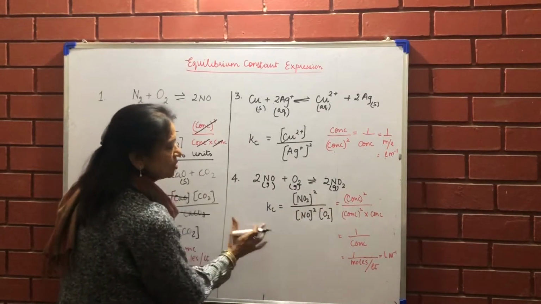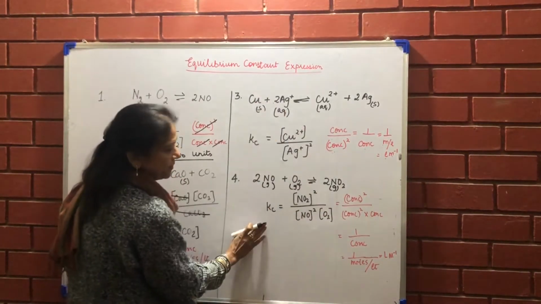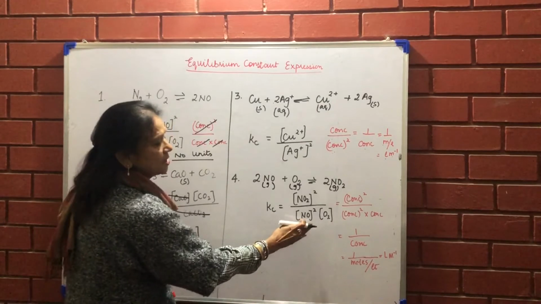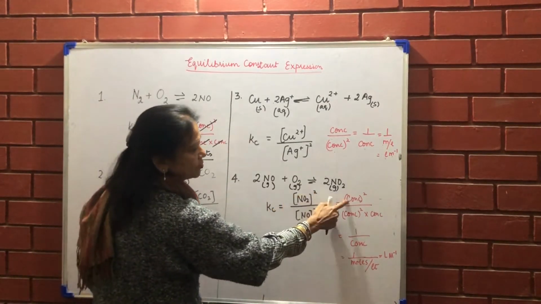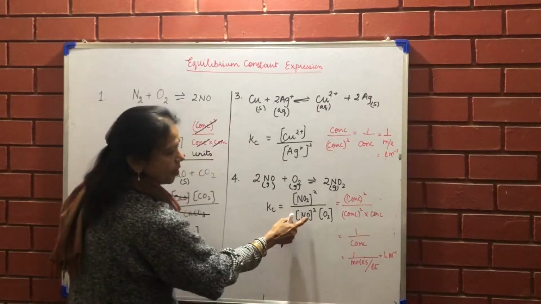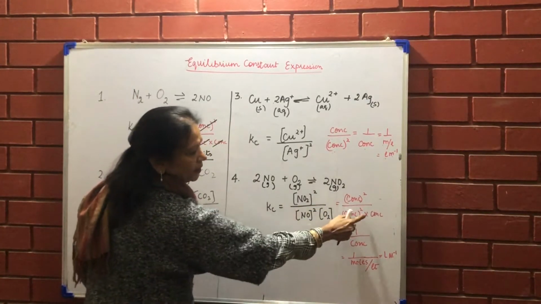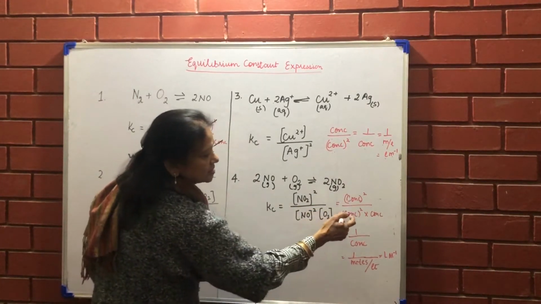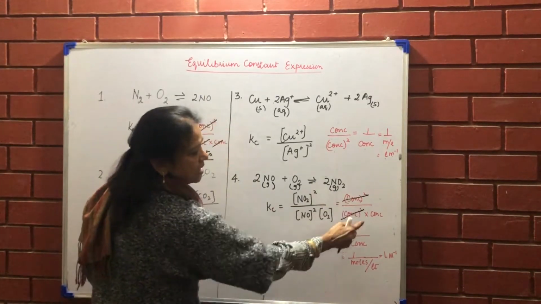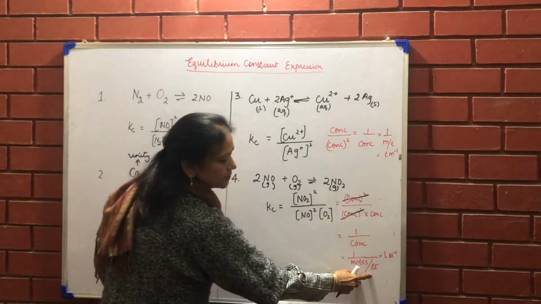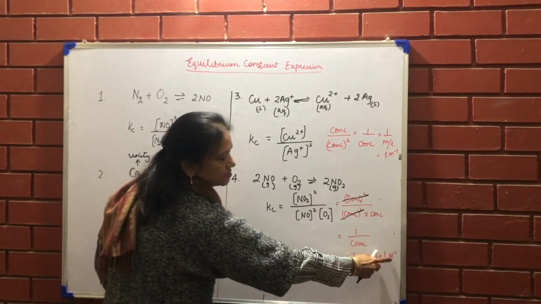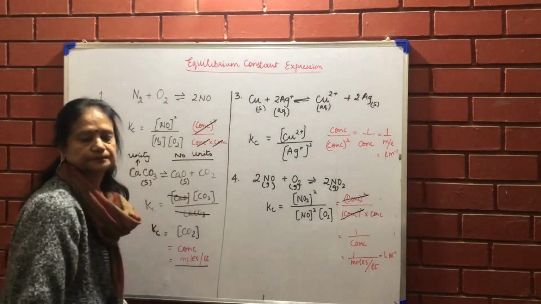So considering all of them, the expression becomes Kc is equal to this much. If I am asking you the unit, you will say this is concentration square upon concentration square into this concentration. So these two get cancelled, and you get 1 upon concentration, which is 1 upon moles per liter, or you can write it as liter moles inverse.